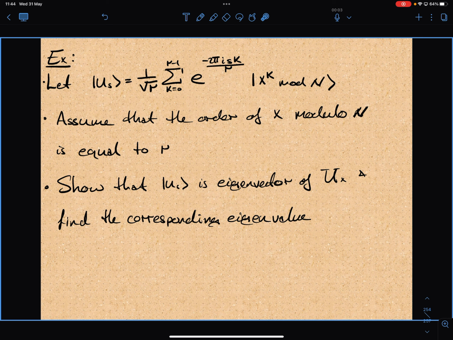And how does Ux act on this? It multiplies by x.